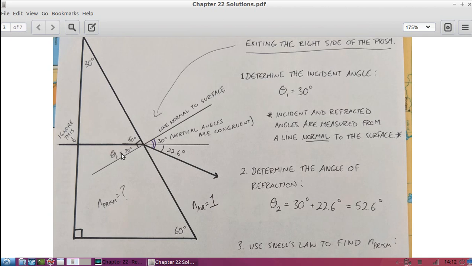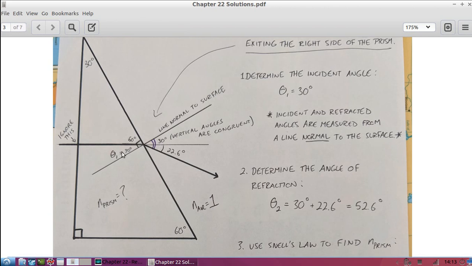Now I have to look at the diagram and determine what the refracted angle is, because it's not 22.6 degrees. It's the angle that this refracted ray makes with the normal line. Okay, so this whole angle right here is the angle that I have to find. So here's that geometry coming back to me. This is 30 degrees. Alright, this is a single line, this normal line. Okay, so we've got two lines. They're making what we call vertical angles. So this angle and this angle, they are vertical angles.